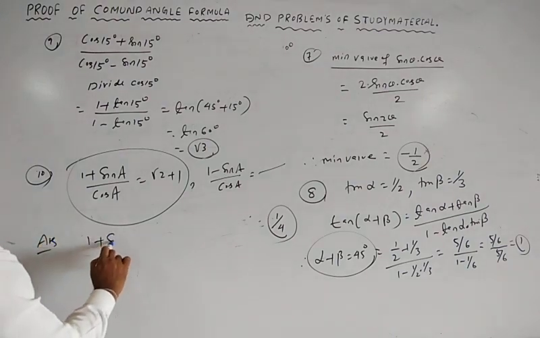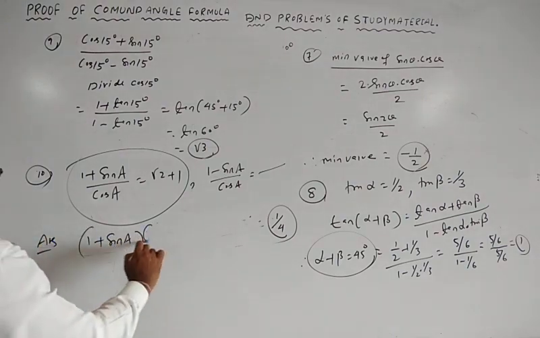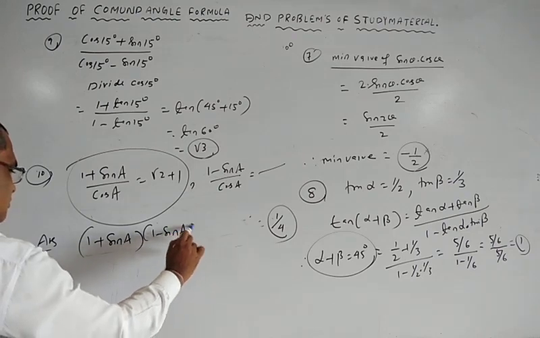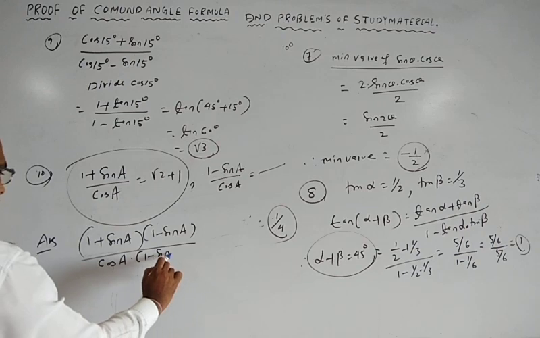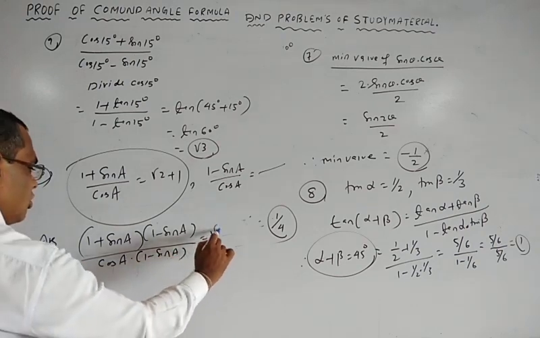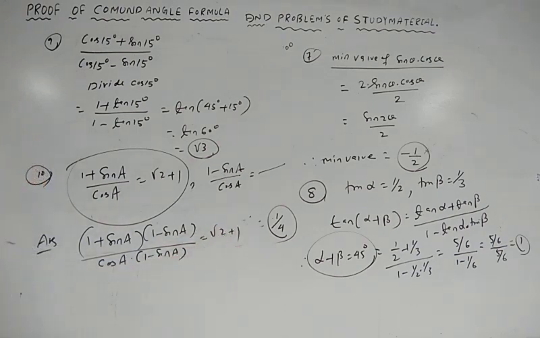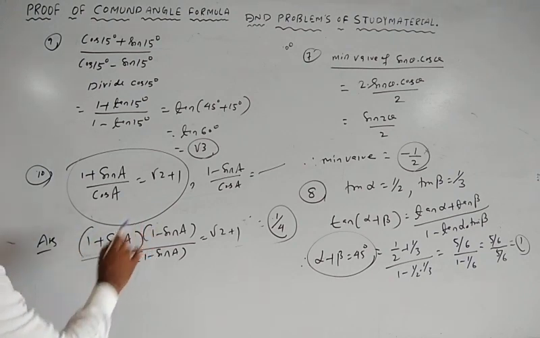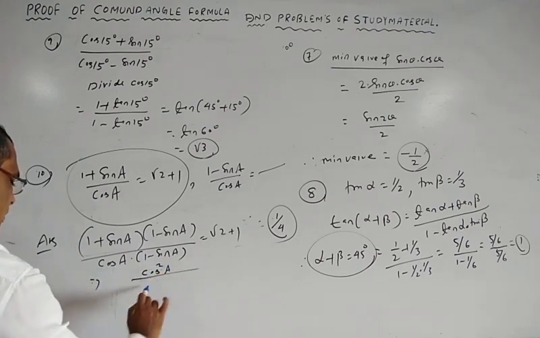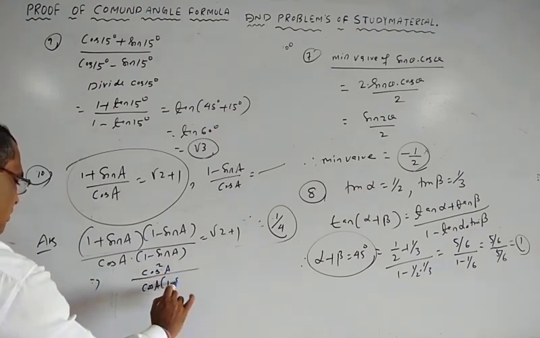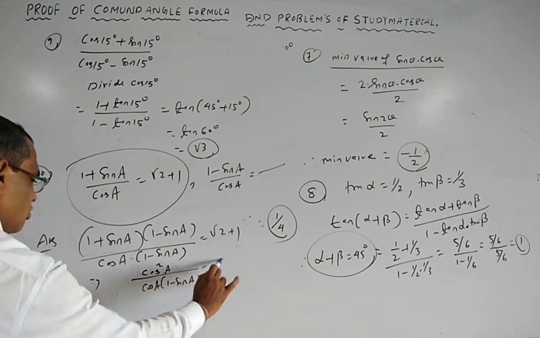So (1 plus sin A) into (1 minus sin A) by cos A into (1 minus sin A) is equal to √2 plus 1. So 1 plus sin A into 1 minus sin A is equal to 1 minus sin square A, which means cos square A, by cos A into (1 minus sin A) equal to √2 plus 1.